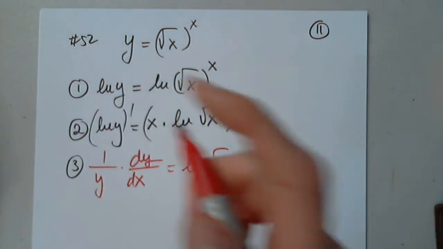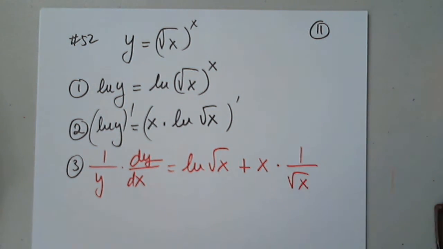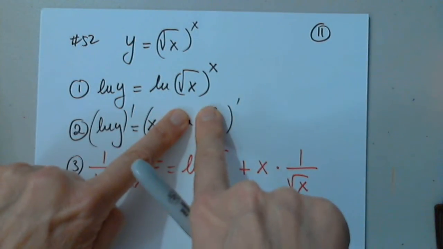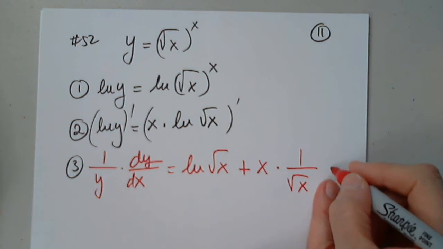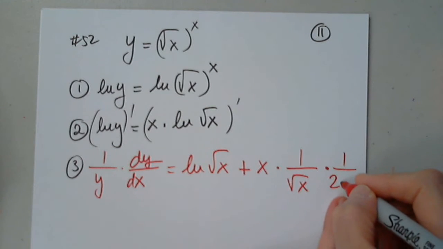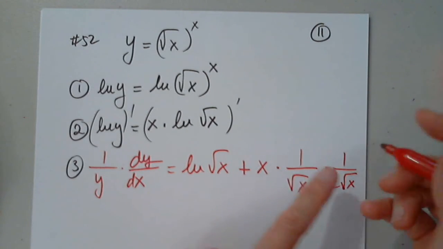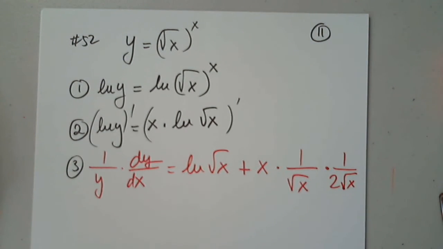What do I write? One over the square root of x, times the square root of x prime, times 1 over 2x root x. That's it. Times the inner function prime, which is 1, so I don't have to do anything.